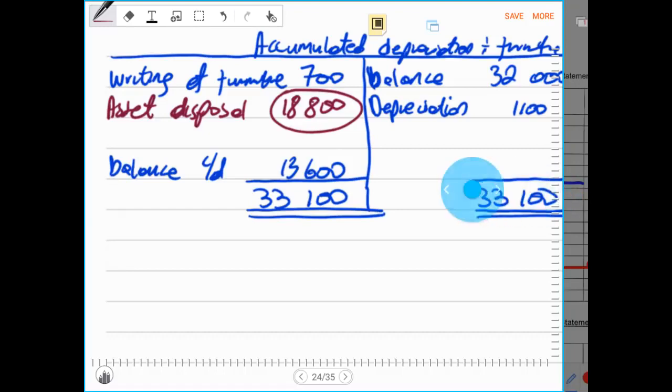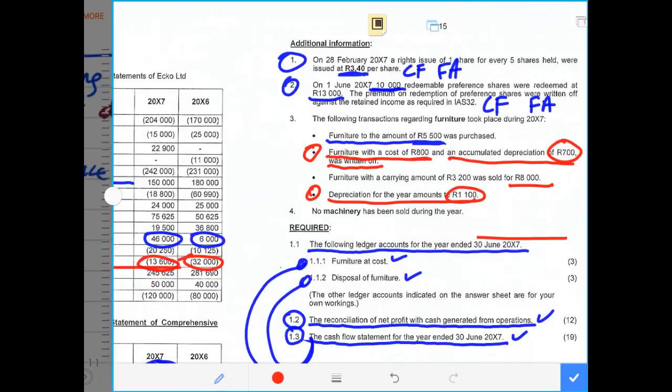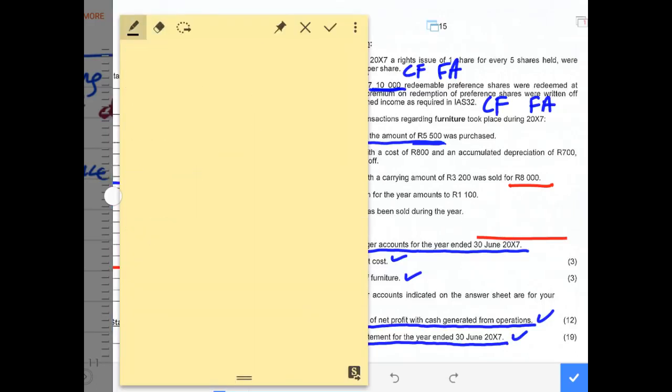In this case, there was furniture under bullet point number 3 in adjustment number 3, where they told us the furniture had a carrying amount of 3,200. Therefore we can calculate the cost price of the furniture. The cost price would have been carrying amount plus accumulated depreciation.